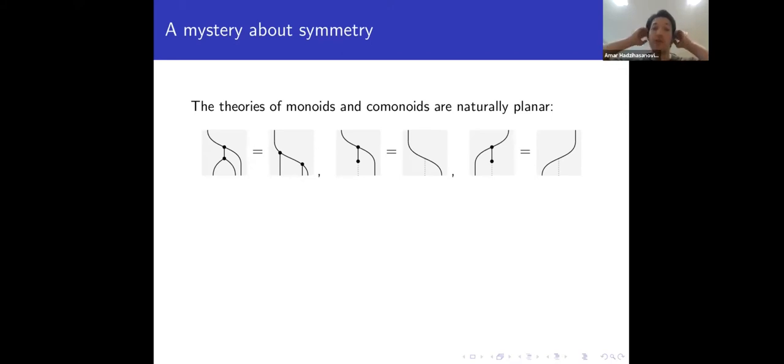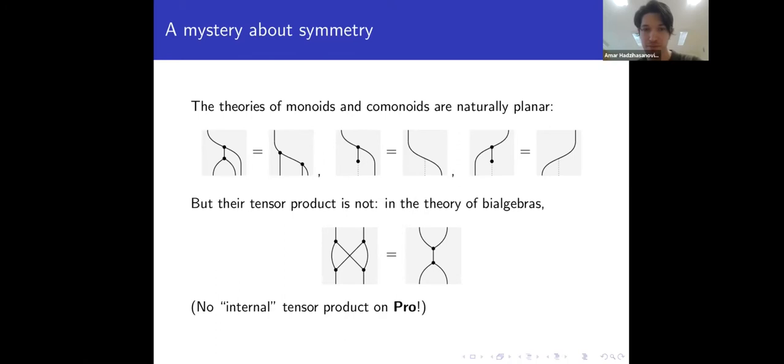So the theories of monoids and comonoids that I talked about earlier are naturally planar monoidal theories, in the sense that they can be presented by equations of diagrams that never use the braidings or symmetric braidings. So in particular, the prop of monoids is a free prop on a probe. However, if we take the tensor product, this is no longer a planar monoidal theory.